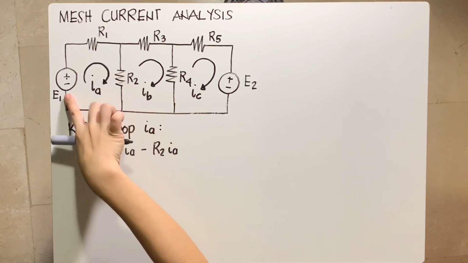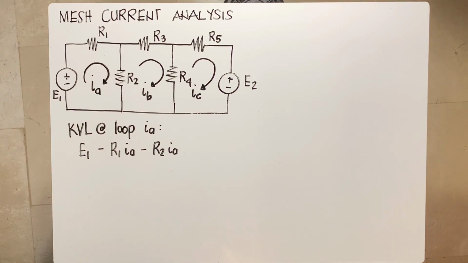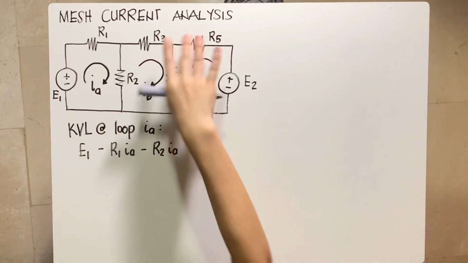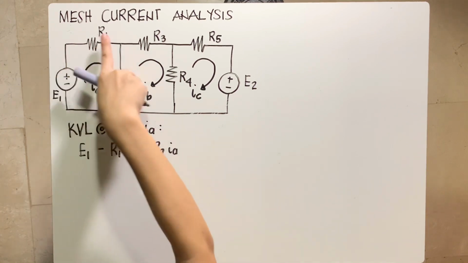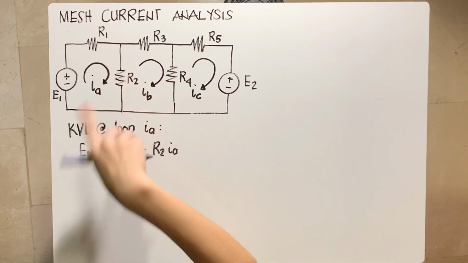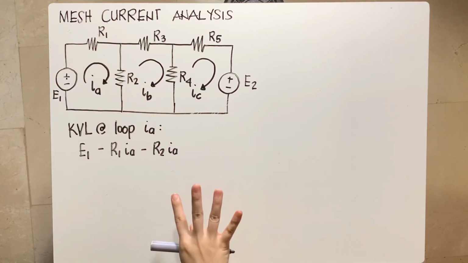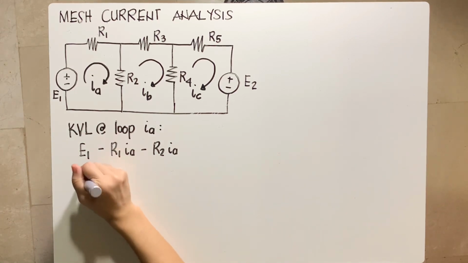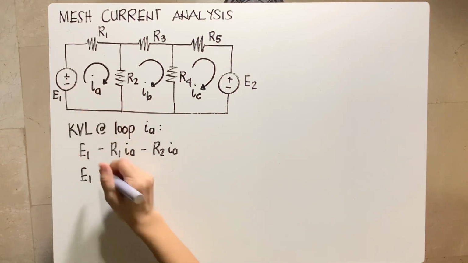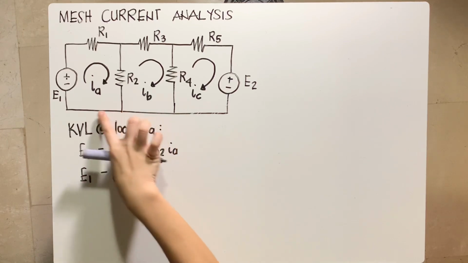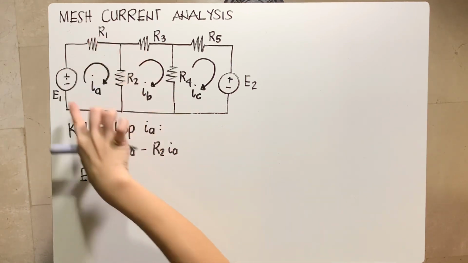After that, do not equate to 0 agad. Because this is a different method. So, after mo mag-KVL, palaging ang sequence niyan ay voltage, kung saang terminal lumabas, minus the sum of all resistors in the loop or in the mesh.